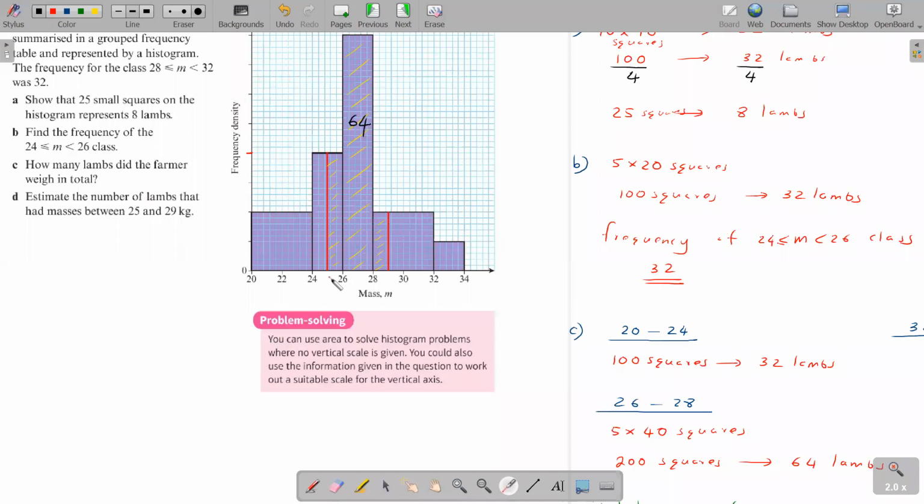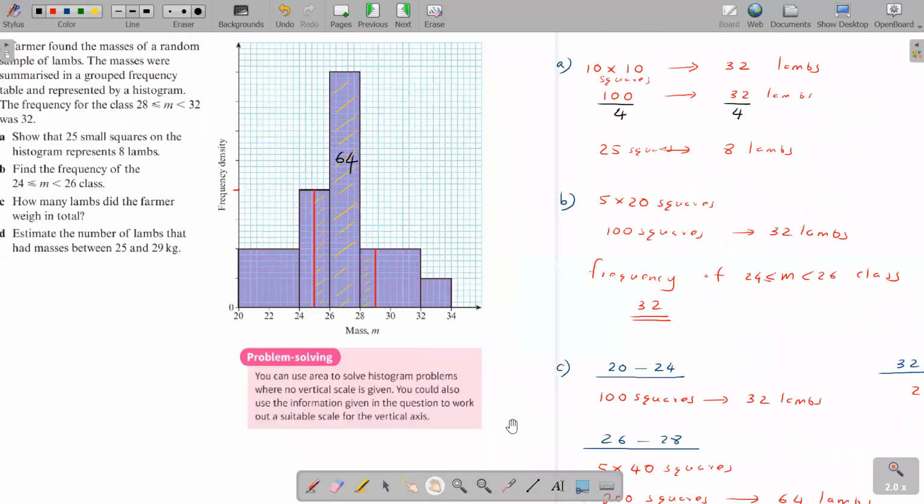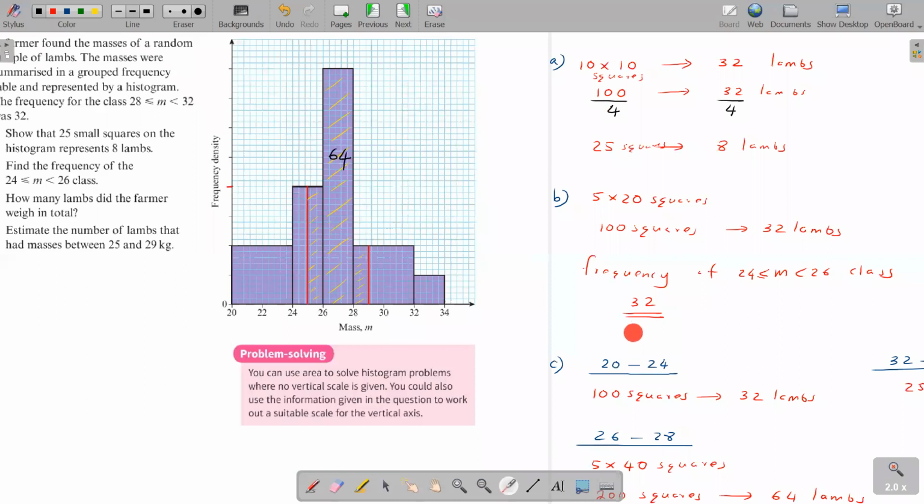I think you can see 25 to 26 you can get immediately. Why? Because you can see 24 to 26 is the full bar. 25 to 26 is exactly half the bar. So 24 to 26, there were how many? That was the part B answer, right? 24 to 26, there were 32. In part B we found the frequency in the 24 to 26. So there were 32 in the whole bar.